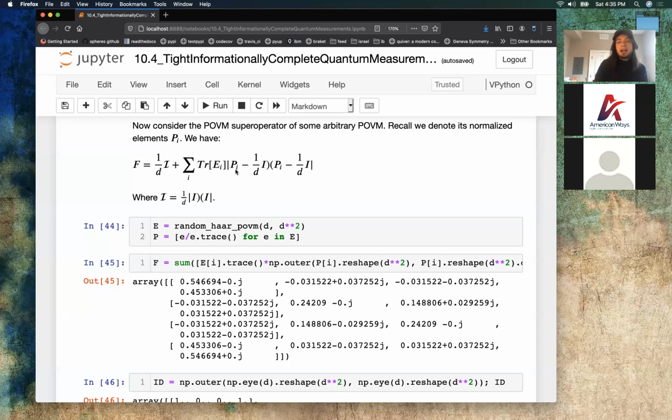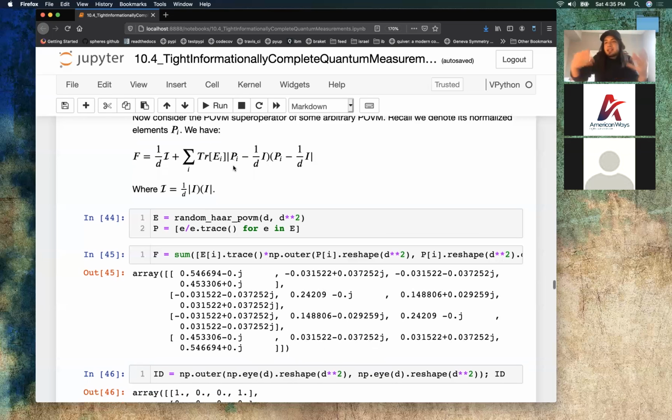Instead, we're going to work with the traceless version of P_i, where we're subtracting off the identity over d, outer product with the vectorized version of the traceless version. Still got this weight here. And then we put back what we subtracted off, where this is the identity superoperator, where I is just the vectorized version of the identity outer producted with itself. So that's just some fiddling around, and we rewrite it that way.